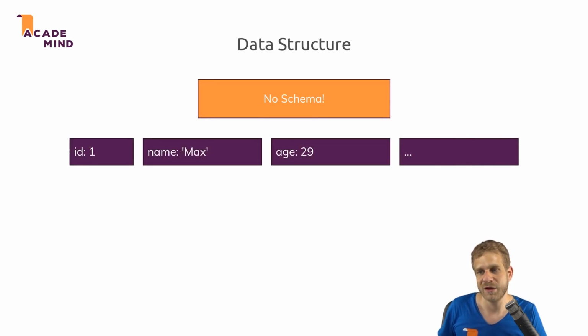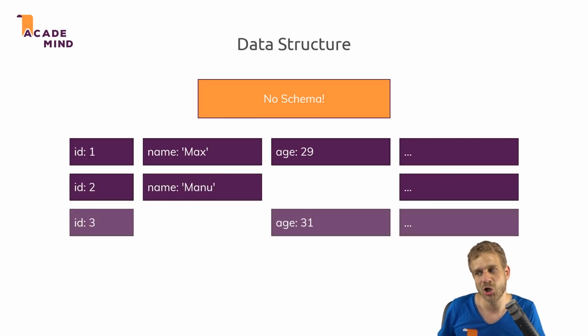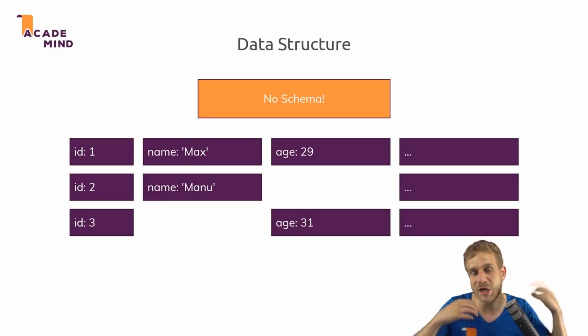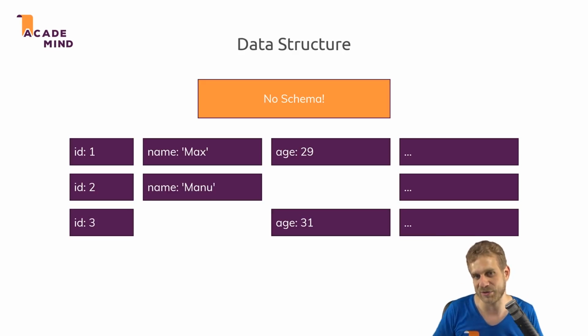So you could have this document in a collection, but then also this one where you got no age, or this one where you got no name. And it's not just that you say the value is null, you can really have totally different documents in one and the same collection. This of course has the downside of you not being sure if all the data adheres to your format, but on the other hand, you don't want to have that format in the first place if you decide for such a solution, because the big advantage, of course, is that this is a super flexible solution here.